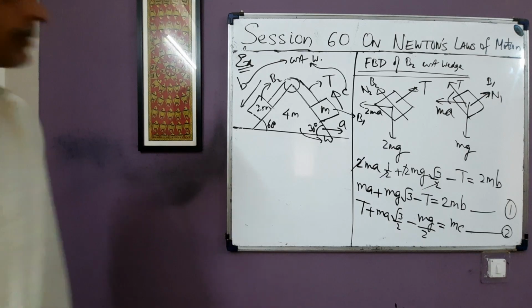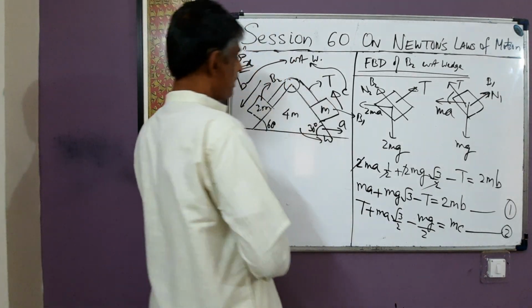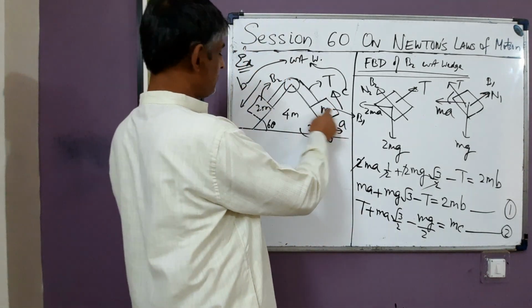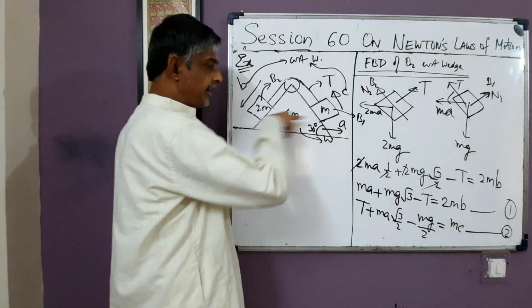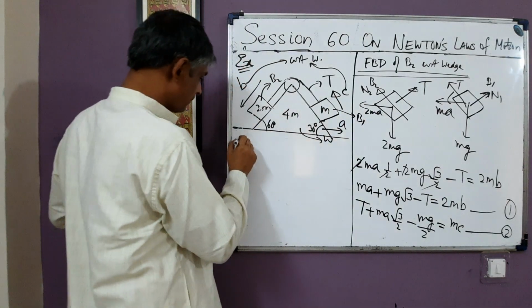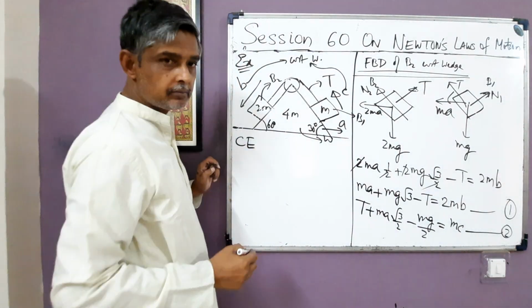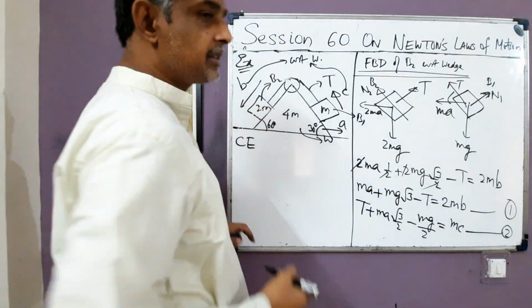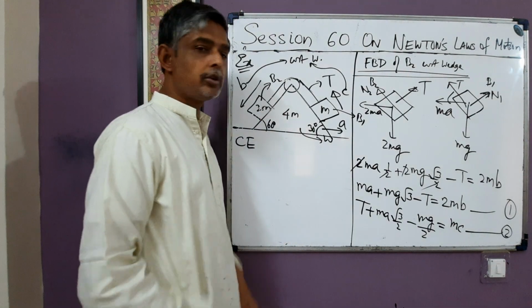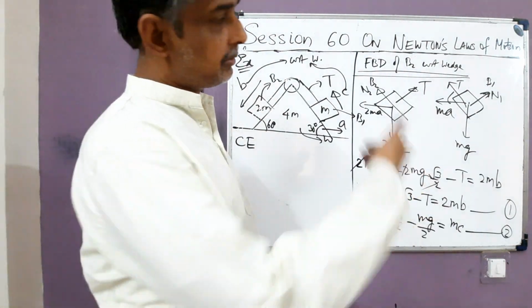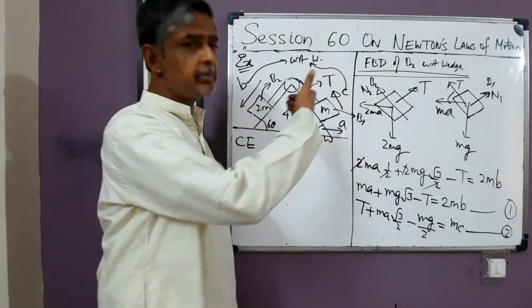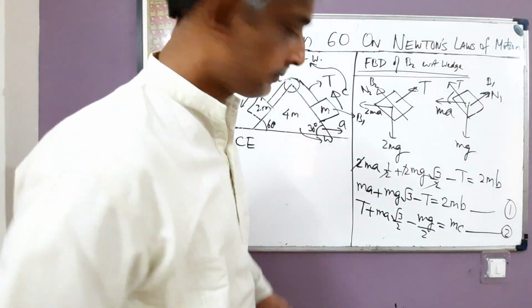Now what I do now, I write down the combined equation of B1, B2 plus W in rightward direction. CE meaning combined equation. In case you have doubt regarding CE, just go to the 19th and 20th video on Newton's laws of motion. I've added all those videos in the playlist. You can go there and see it.